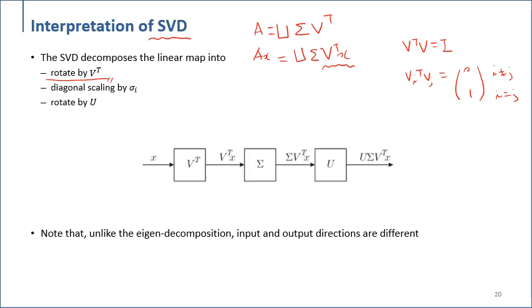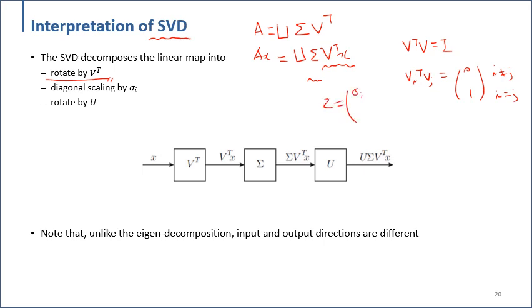That means the V vectors are unit vectors. When you multiply some vector by a unit vector, its magnitude will not be changed, so it's just rotating. We do not compress or stretch the vector size, but we just rotate the vector by V transpose.